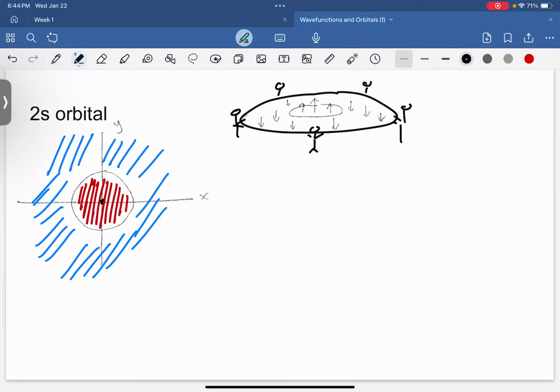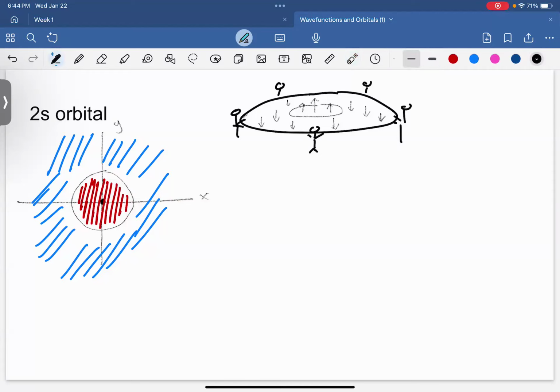That is essentially the two-dimensional analog to our 2s orbital, where we have opposite signs going back and forth in this three-dimensional orbital, and we have some radial node at a fixed distance from the middle before we cross the sign.